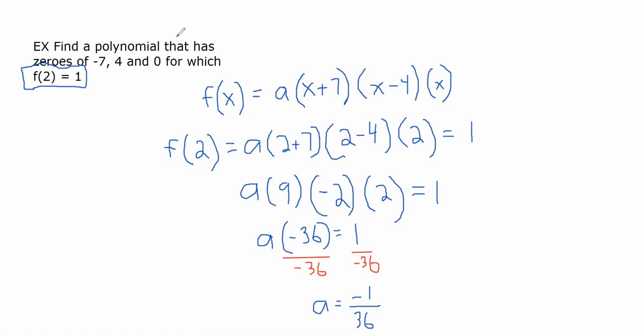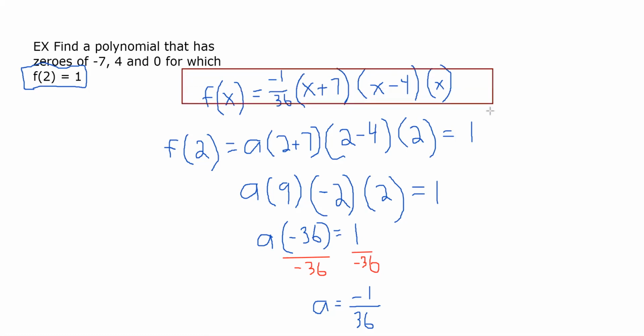And so finally, the answer is going to be, well, this was the function written out. Now let's just substitute in a -1 over 36 to this. And so this is our polynomial.